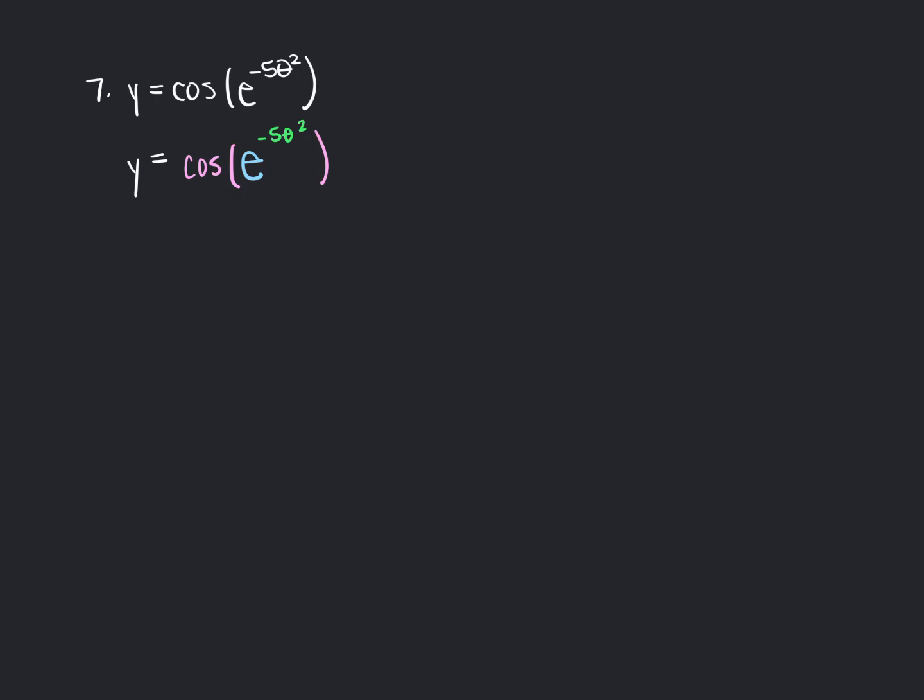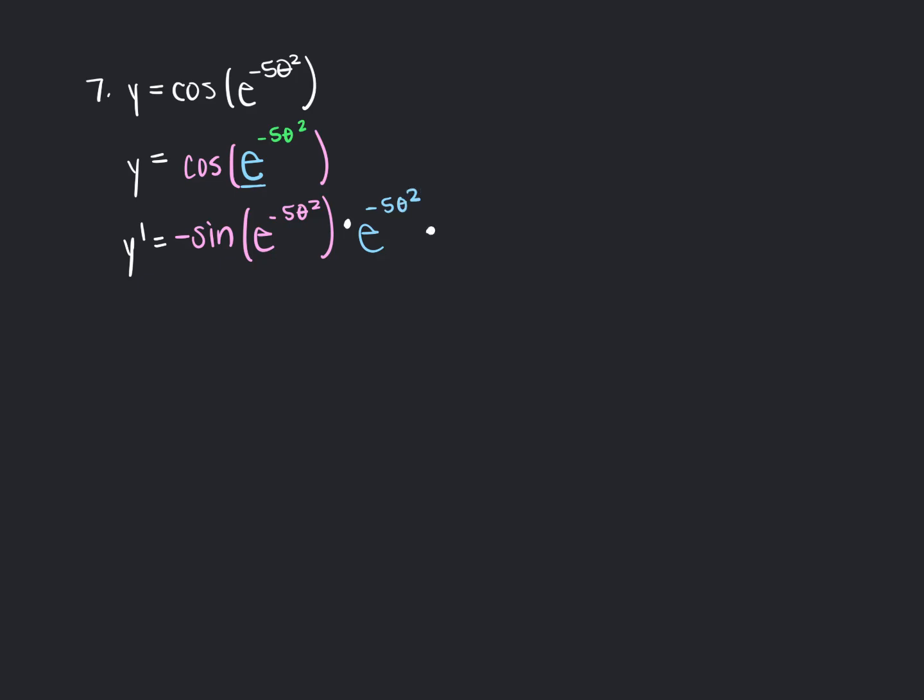So y prime, the derivative of cosine is negative sine of the same thing, okay? Times, we're going to work our way inward. So the next layer inside is this e. Well, the derivative of e to the something is e to the something.